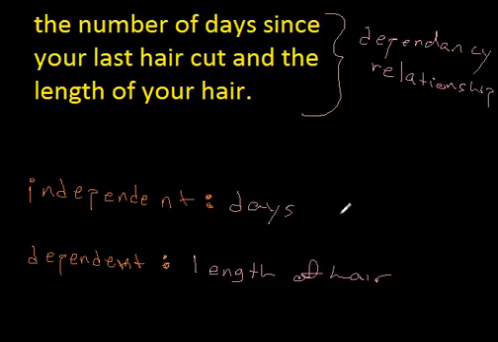If you think about your own hair, as the independent variable, the number of days since your last haircut, increases, your hair's going to grow, unless you're getting older like me and your hair is beginning to fall out. But in most cases, the length of your hair depends on the number of days, so the length of your hair will grow as the number of days increases since your last haircut.